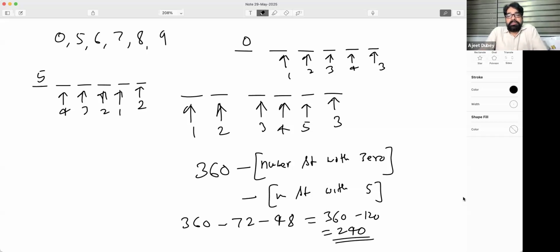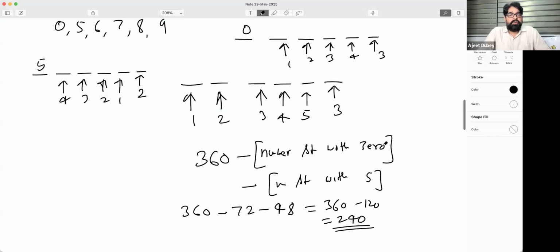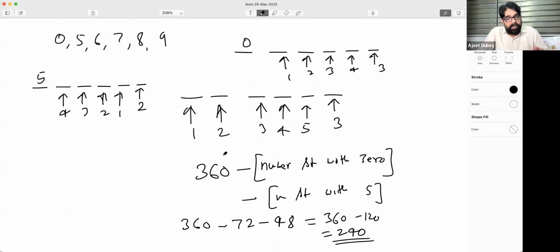I hope that makes sense. So when more restrictions are there, logically we first calculate all the odd numbers without any restriction, minus those odd numbers which start with 0, minus those odd numbers which start with 5.